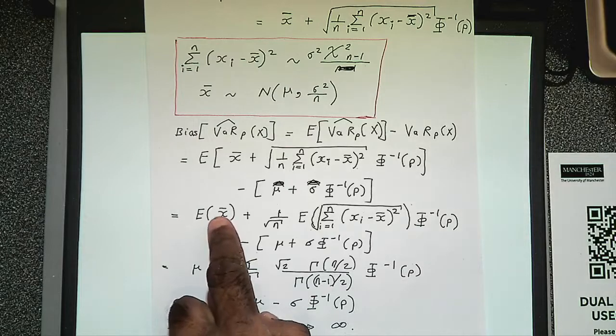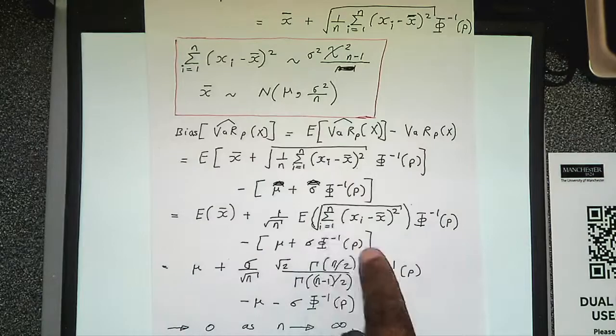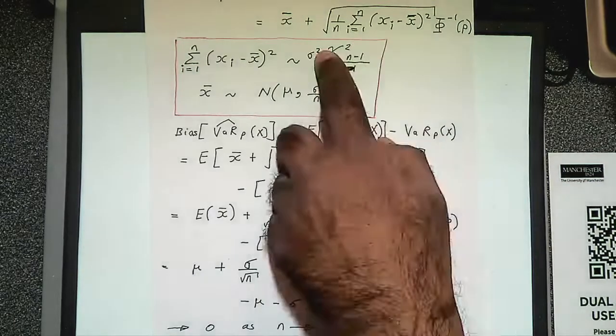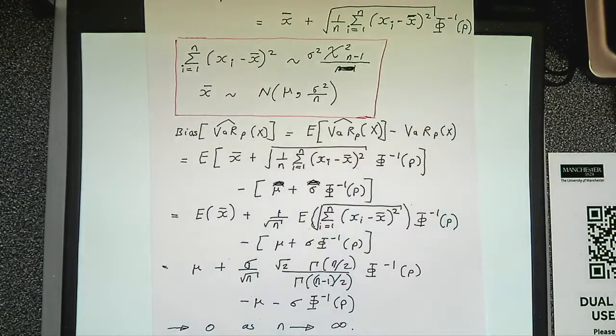The fact that this is equal to this follows from this, and the fact that this is equal to this follows from this guy after some calculations. I'm sorry I ran out of time today. If you can't show this, don't worry, but if you can show that this whole thing approaches 0, that's great.